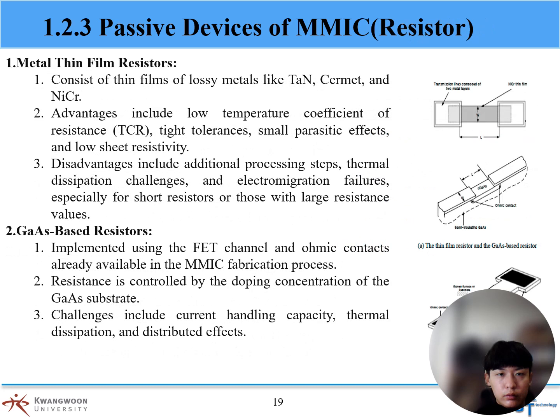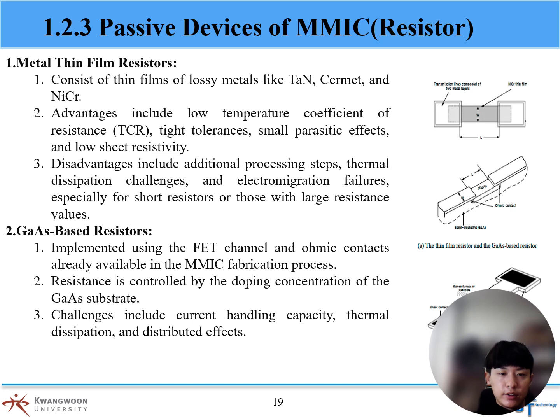This part is the resistor. First is metal thin film resistors. It consists of thin films of metals like tin, thermite, and nickel. The advantages include low temperature coefficient of resistance, tight tolerance, small parasitic effects, and low sheet resistivity.